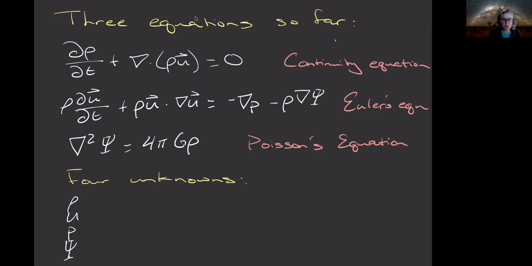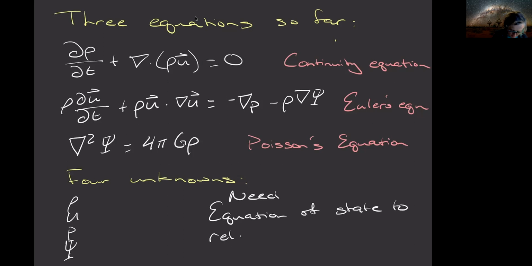So in order to close this system of equations and relate, for example, P to rho, we need an equation of state to relate P to rho.